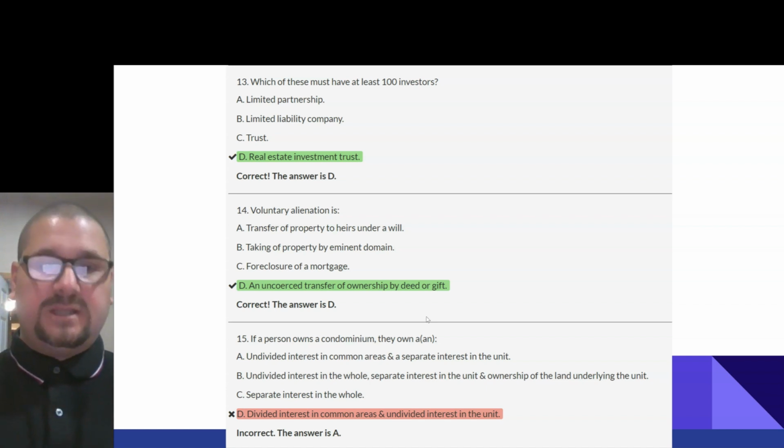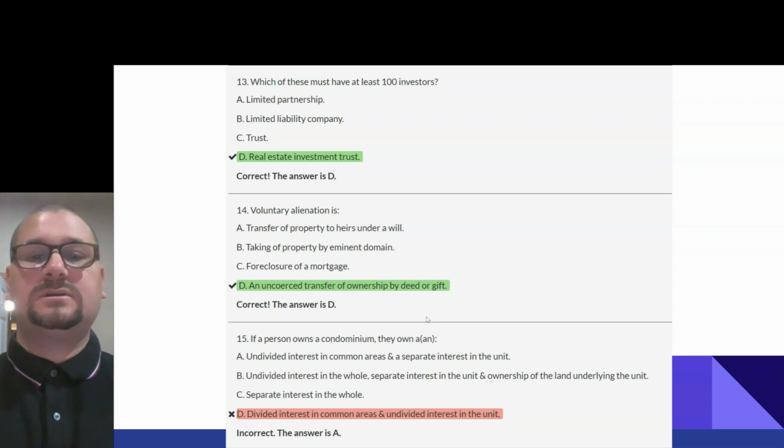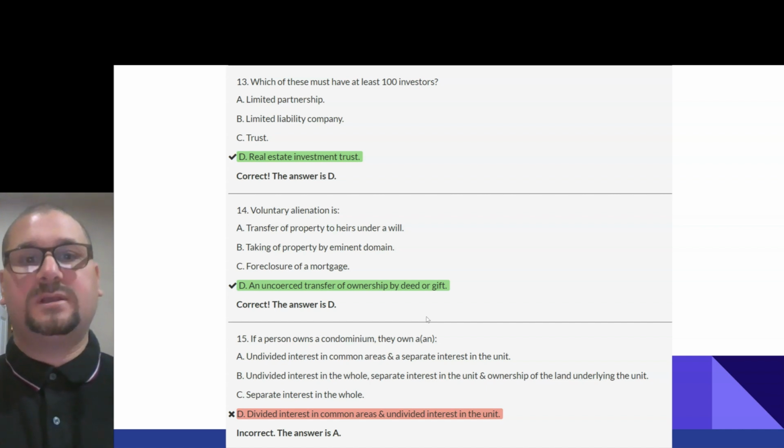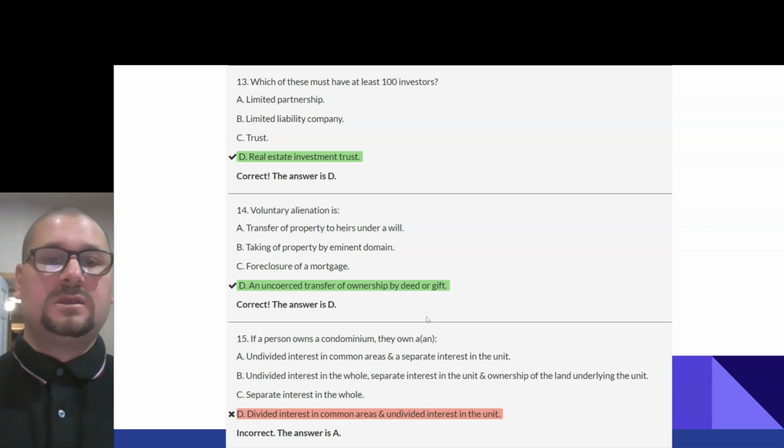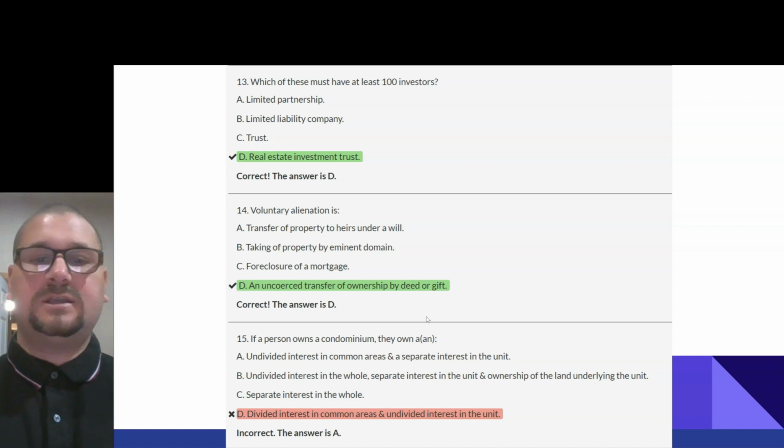B, undivided interest in the whole, separate interest in the unit and ownership of the land underlying the unit. No. So the key here is undivided interest in the common areas, right? That's when you own a condo, right? You have undivided interest in a common area. How about separate interest in the whole? No. Divided interest in common areas and undivided interest in the unit?